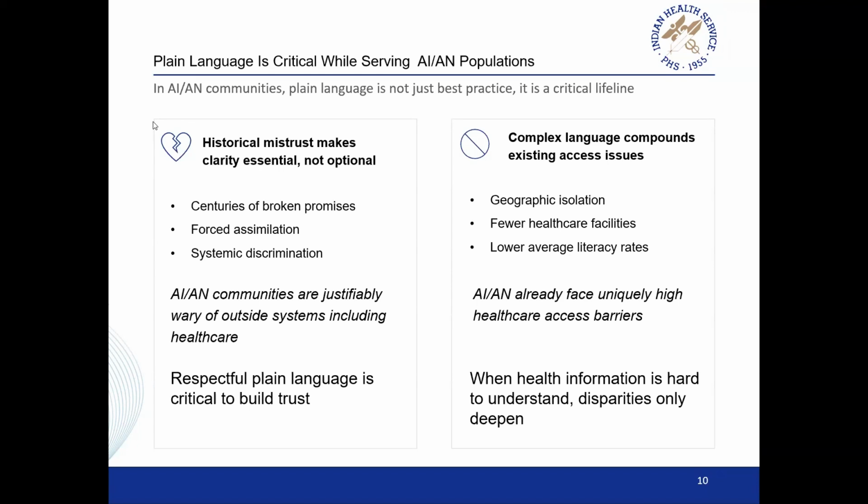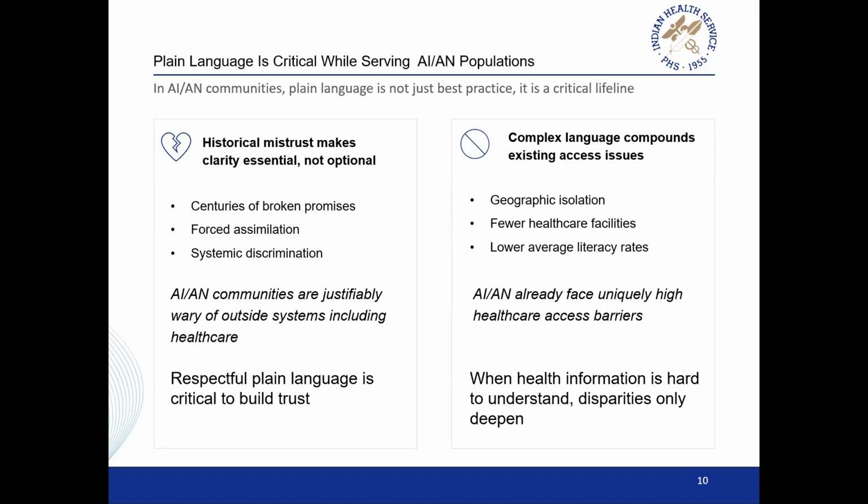I think along with the historical mistrust and the other square that you have there, another factor is familiarity. Even though we have these points, which are very valid, because of the familiarity of IHS over the years, that's where most patients are still comfortable going.